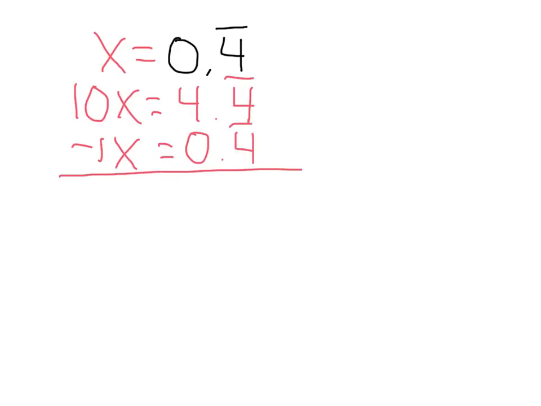And 10x minus 1x equals 9x. And then 4.4 repeating minus 0.4 repeating, the repeating decimal subtracts itself out, and you get just 4. And now divide both sides by 9. So we get the fraction x equals 4/9.